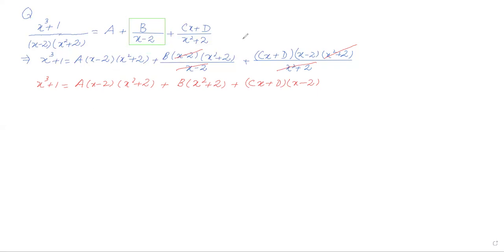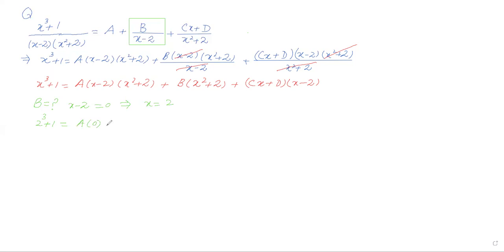From here, I will make it short. So to find the value of b with the green marker, I have to put x minus 2 equal to 0. I will get the value of x is equal to 2. Put over here 2 raised to power 3 plus 1 is equal to, a becomes 0.